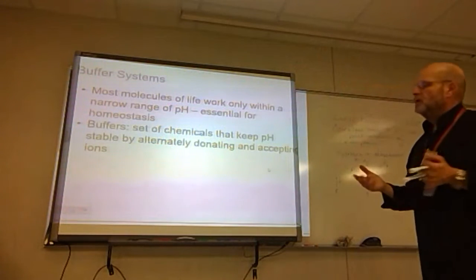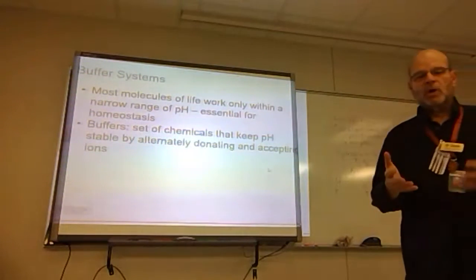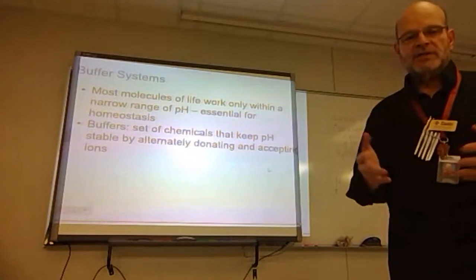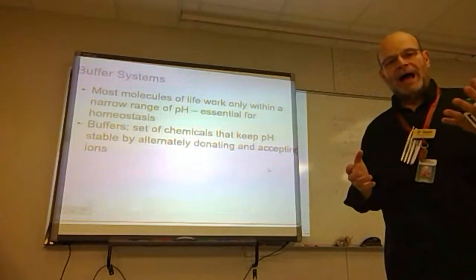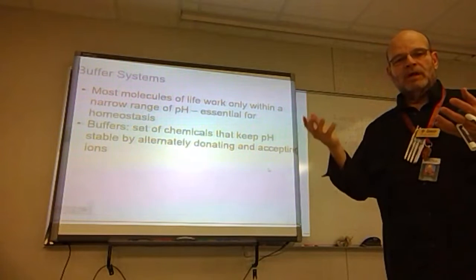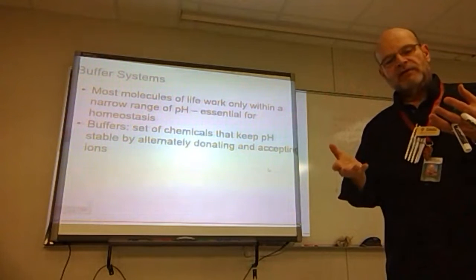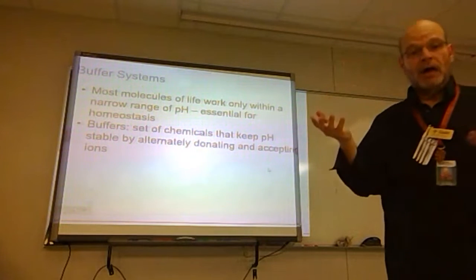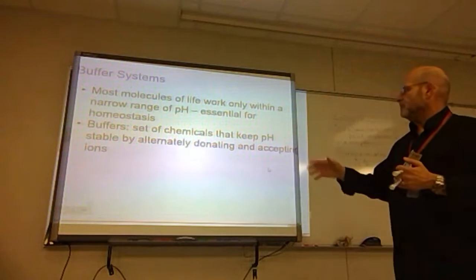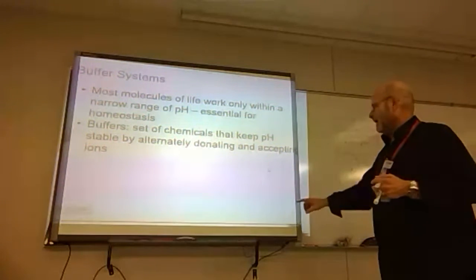Buffering system. Most molecules of life have a way to control pH. They have things called buffers, and if the pH gets too high, the cell will release a buffer to bring the pH down. If the pH gets too low, there's another buffer that will bring the pH up. So those are buffers. They're chemicals that keep the pH stable.